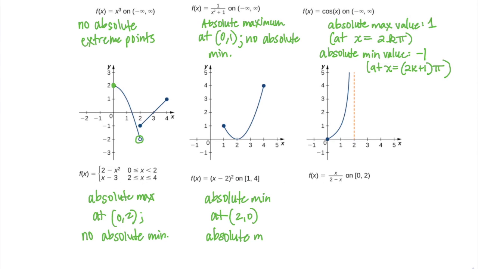So absolute max at 4, 4. And then the last example here, this graph seems to have a lowest y value at 0, 0 and no highest y value. So this has an absolute min at 0, 0, but no absolute max.